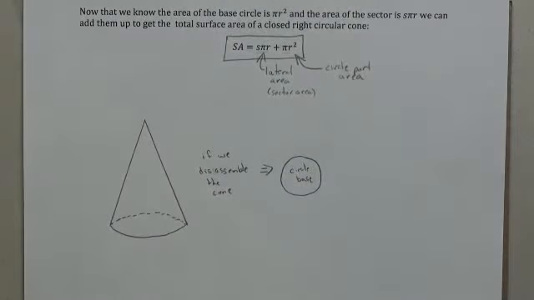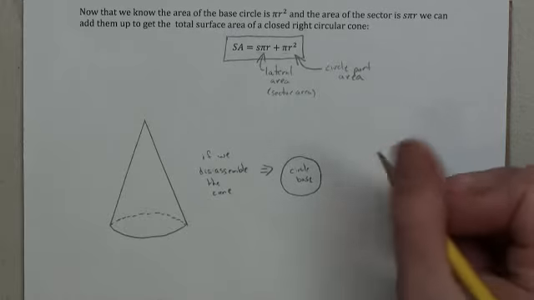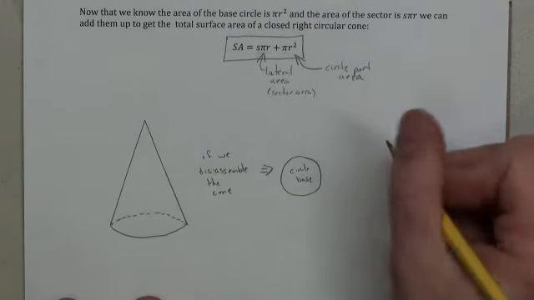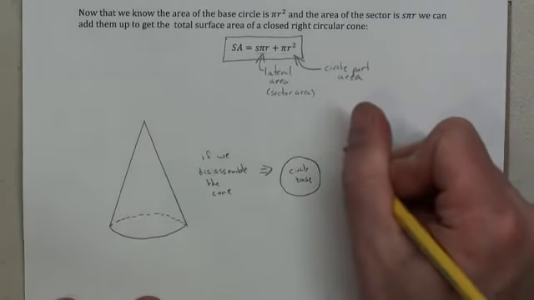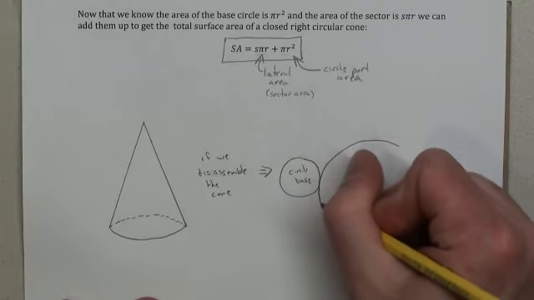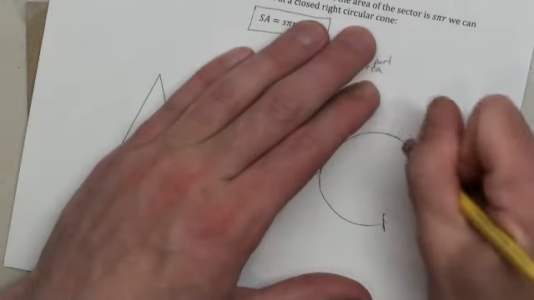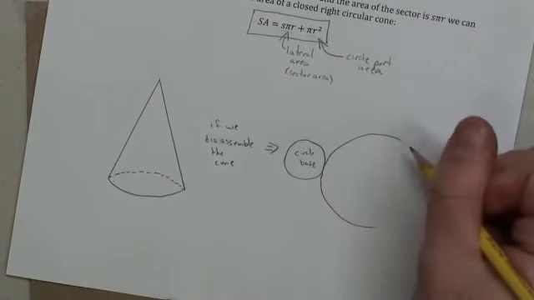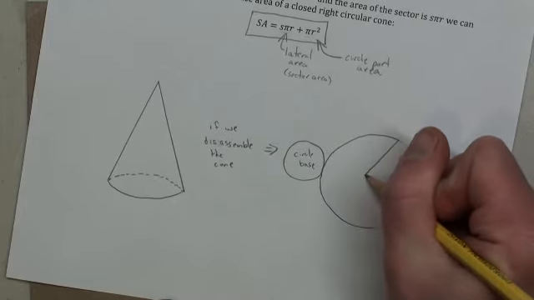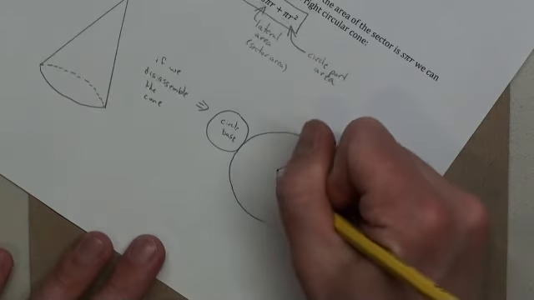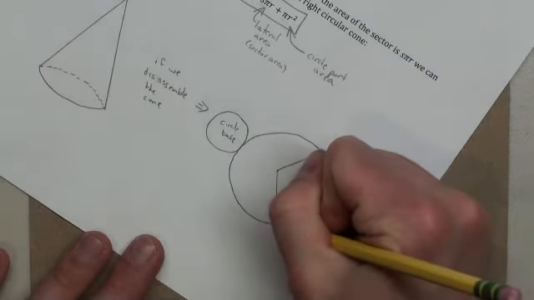Our lateral area would look, depending on how big the cone is, basically like a piece of a circle.